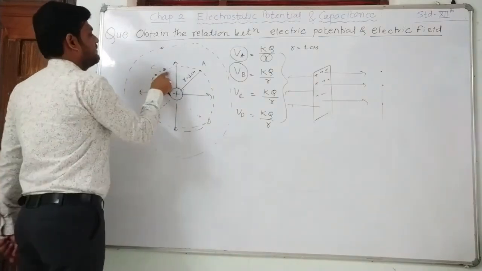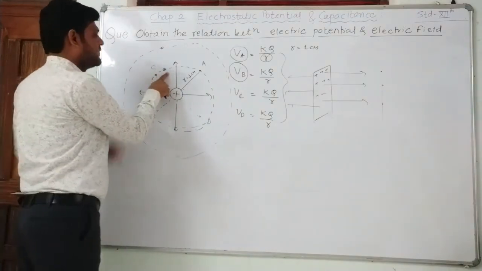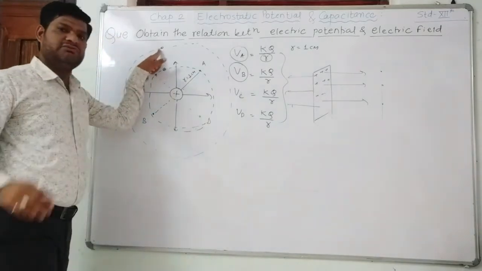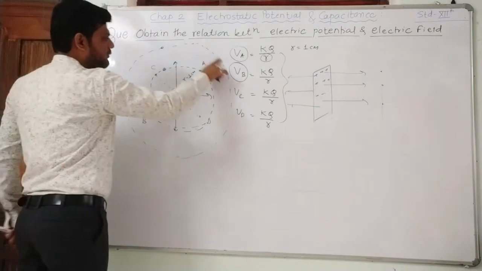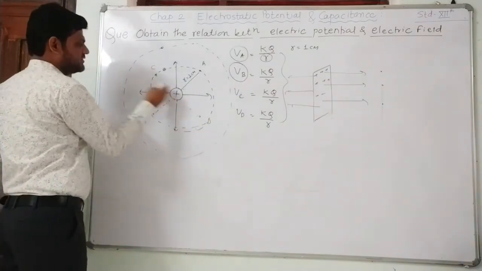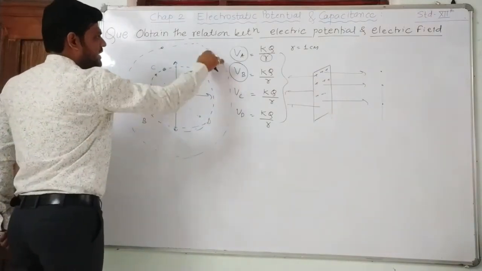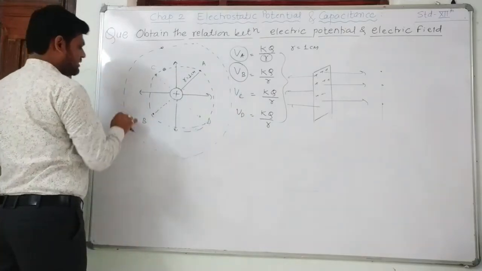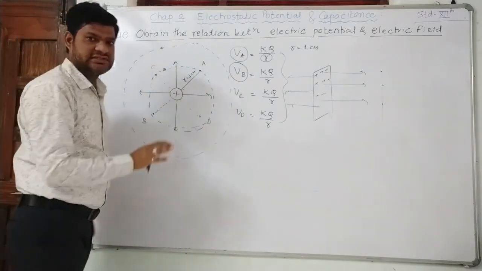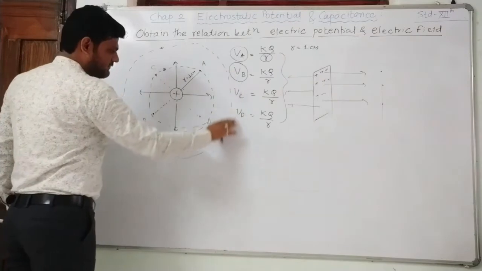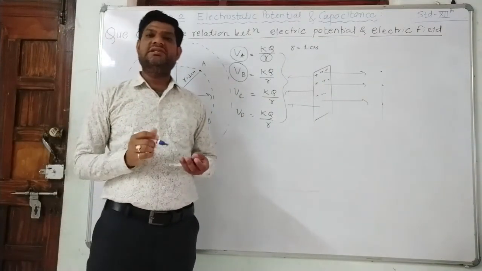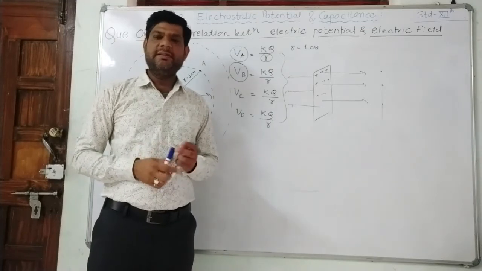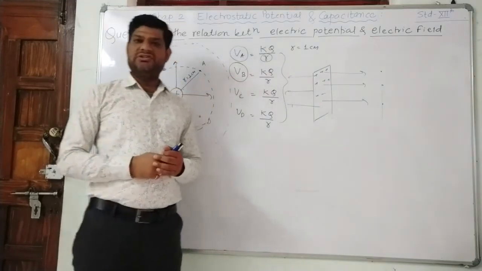If the potential of this surface is suppose 5 volt, then the potential of the other surface will be less than 5 volt. All the points on this surface are at the same distance from the source charge, so the potential will be the same at all points. So this surface is also known as an equipotential surface. So this is all about the equipotential surface.